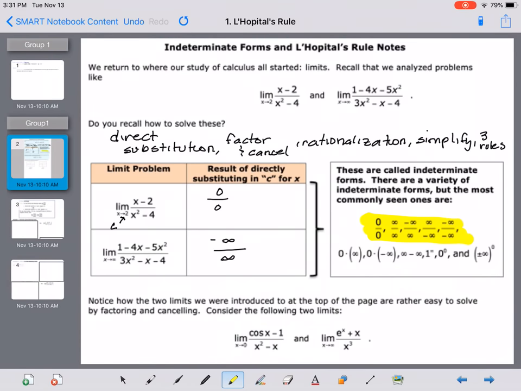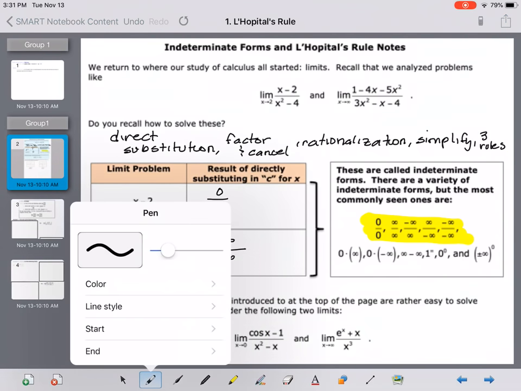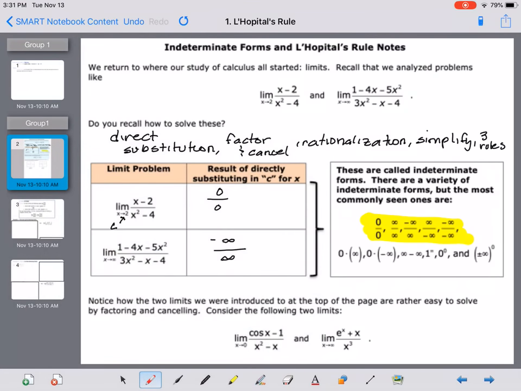Now, in mathematics, there's more kinds, just more versions of what we consider to be indeterminate, and those are listed right here at the bottom. Let me get a different color. So those are listed here.